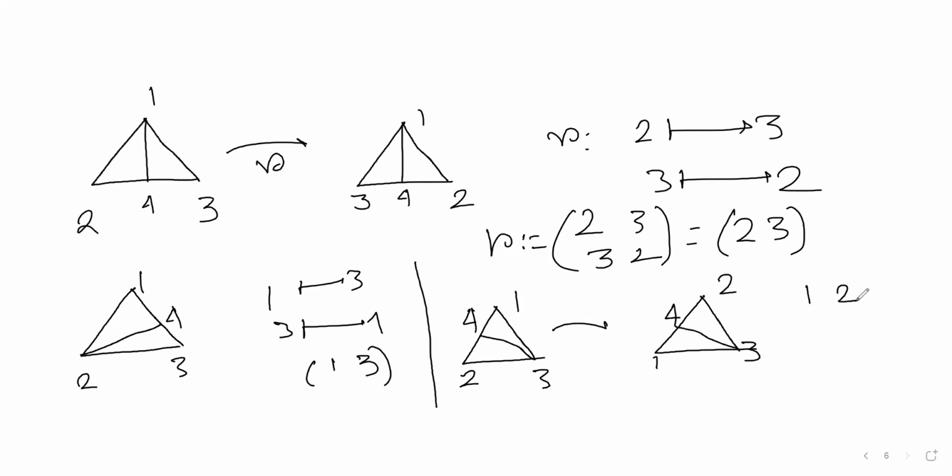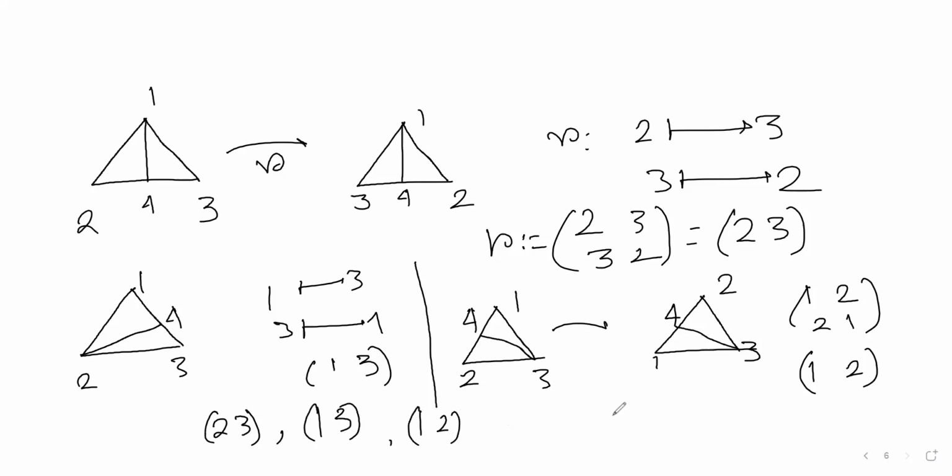So in shorthand we write it as (1 2). So how many mirror image reflections, or reflection symmetries, are there? Three. One is (2 3). Another is (1 3). And another is (1 2), right?